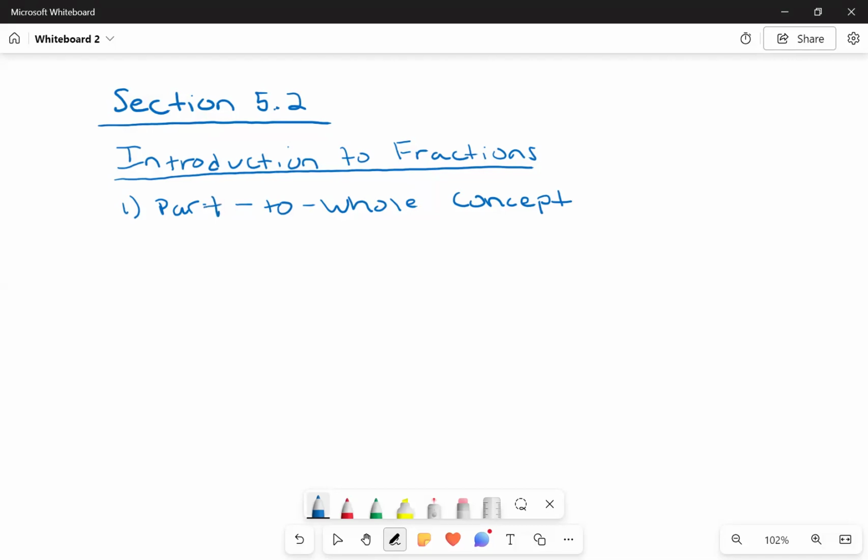Okay. So the idea is if we have A over B, A is what we consider the number of parts, and I'll say being counted or being considered.